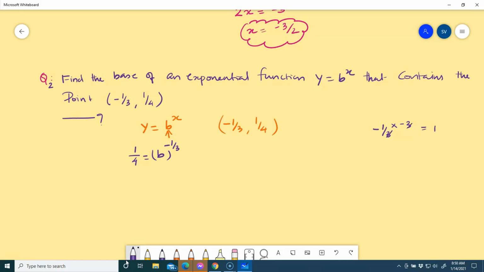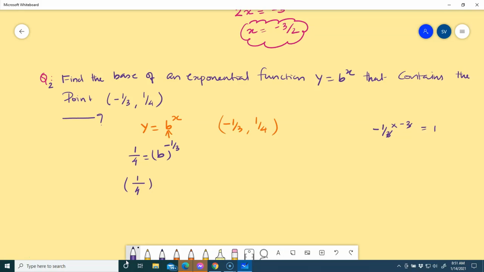So what you need to do is raise both sides of the equation to the reciprocal of negative 1/3. Negative 3 is actually the reciprocal of negative 1/3. So I'm going to do that process on both sides.